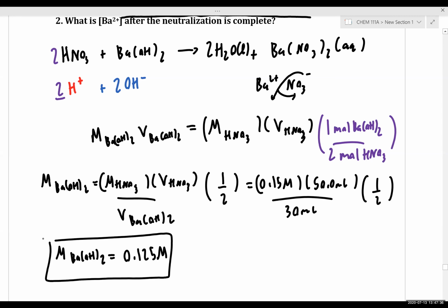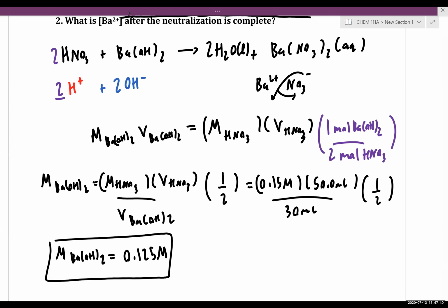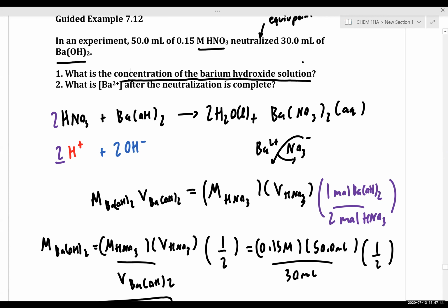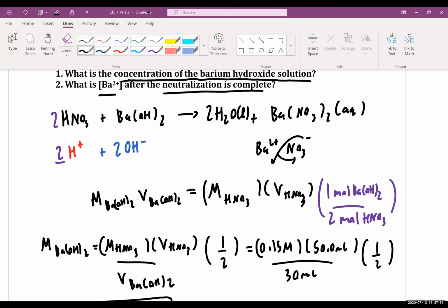Okay, now we're also asked in the same question to figure out what is the concentration of barium 2+ after the neutralization is complete. That's easy enough.